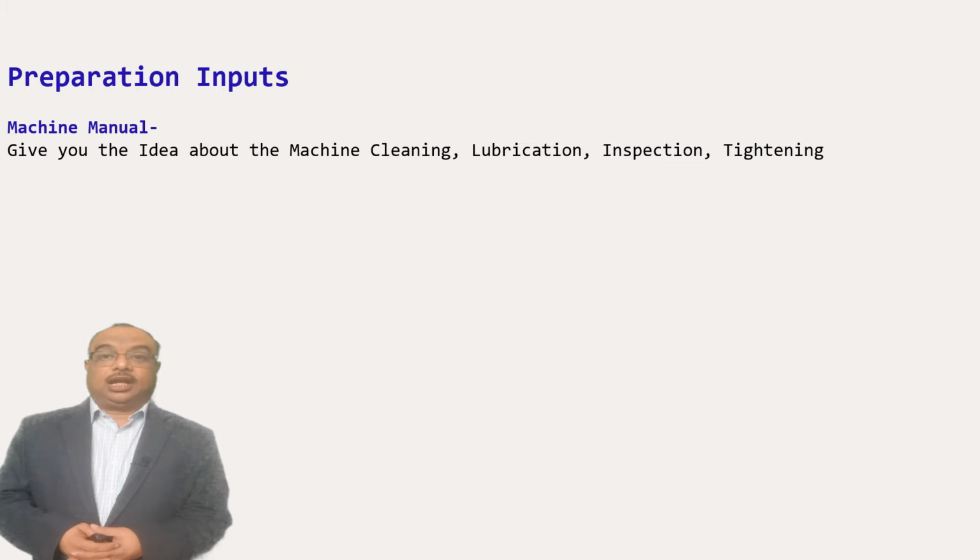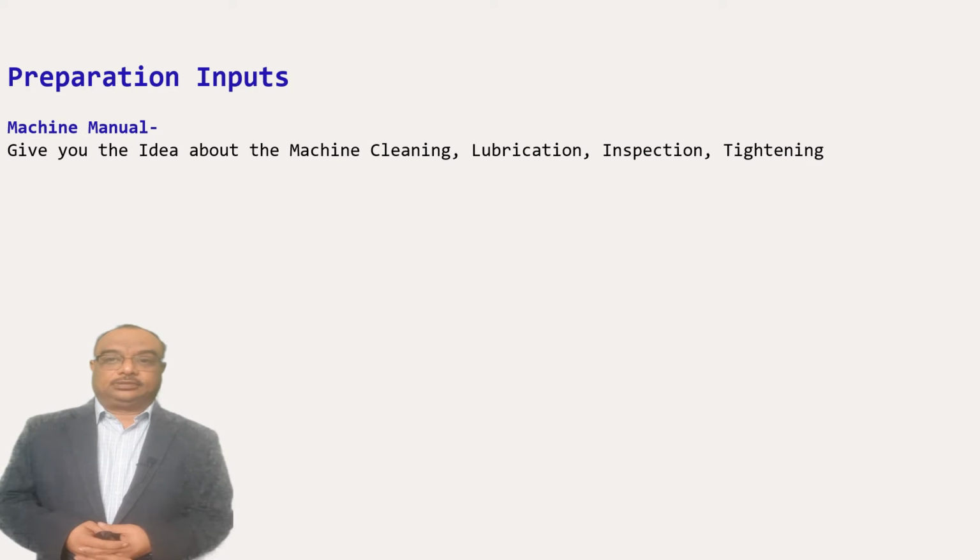The third is inspection or monitoring, and the fourth is tightening, because when you use any machine, there is a possibility of some part looseness. So we have to monitor all these four elements: cleaning, inspection, lubrication, and the last one, tightening.